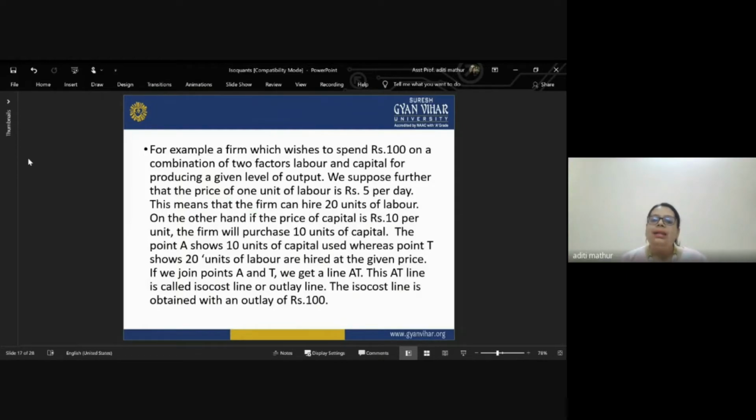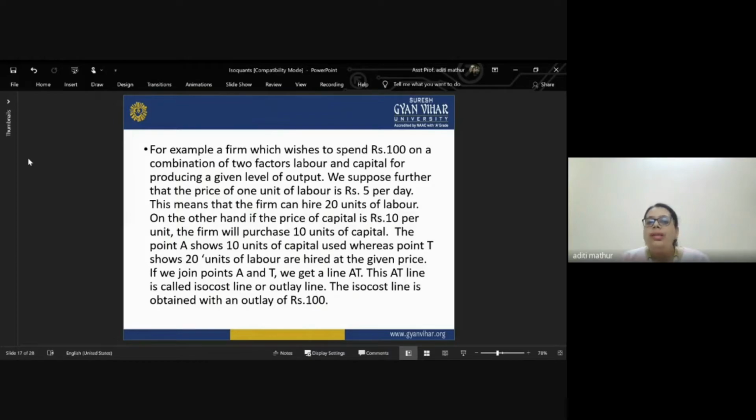This means that the firm can hire 20 units of labor. On the other hand, if the price of capital is 10 rupees per unit, the firm will purchase 10 units of capital. Point A shows 10 units of capital used, whereas point T shows 20 units of labor hired at the given price.